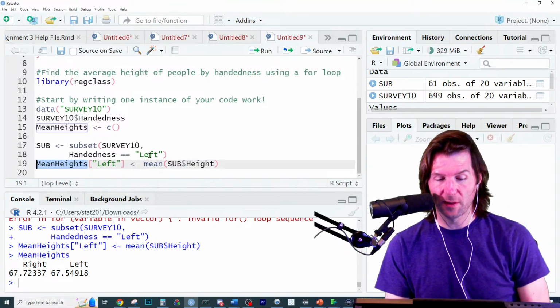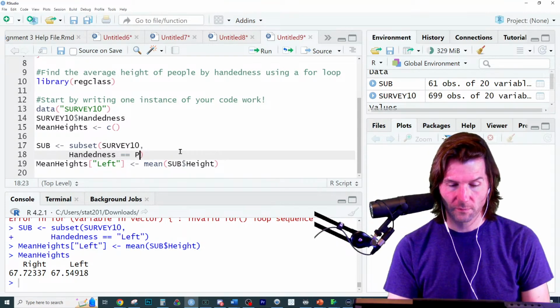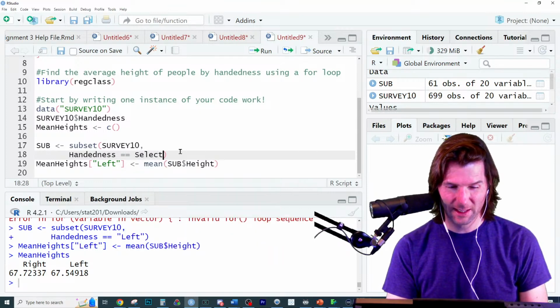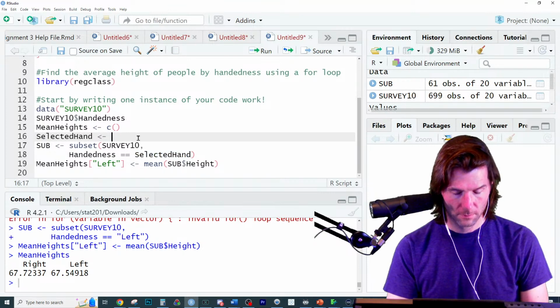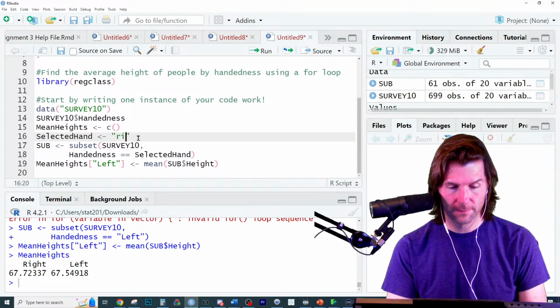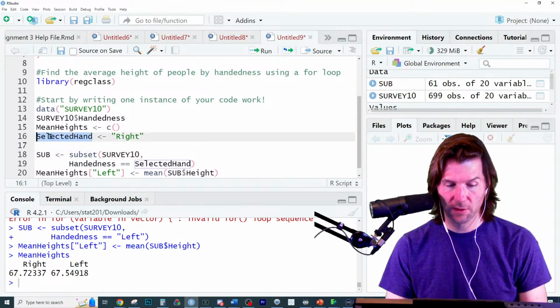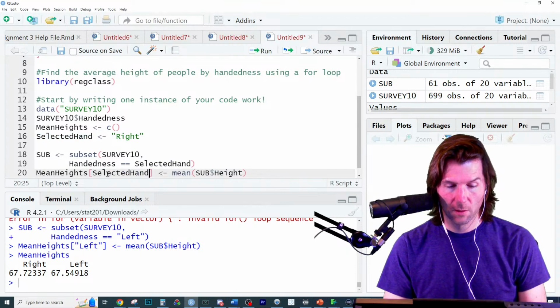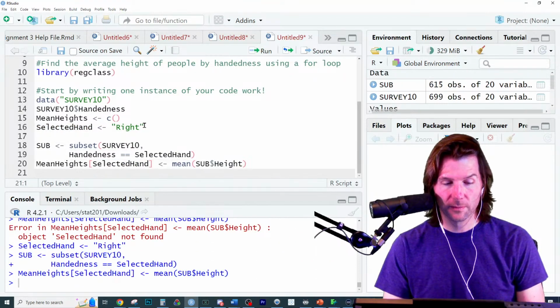So here's the big part about this. Let's just call this selected hand, and let's say write. This is how to write better for loops. When I run this code now, oops, I didn't change that.